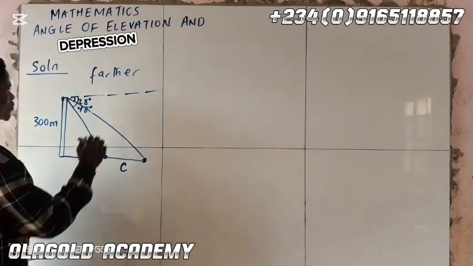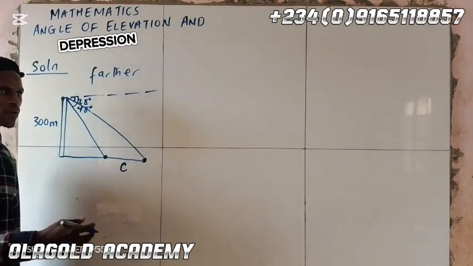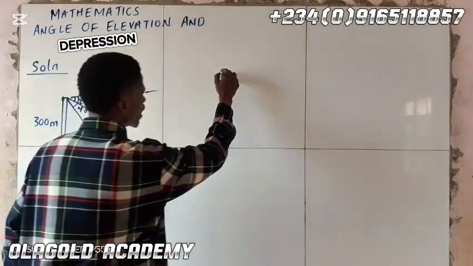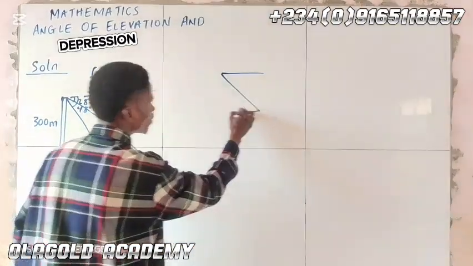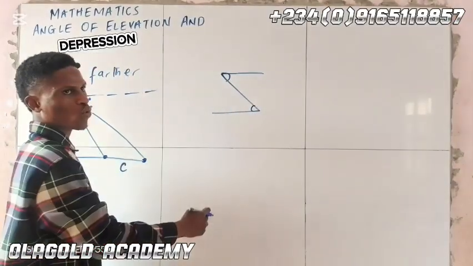Let's continue. Remember that I said in the first video that alternate angles are equal. It means this angle here and this angle here are equal.